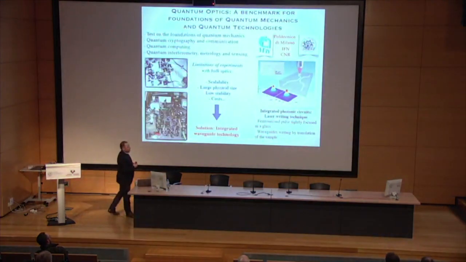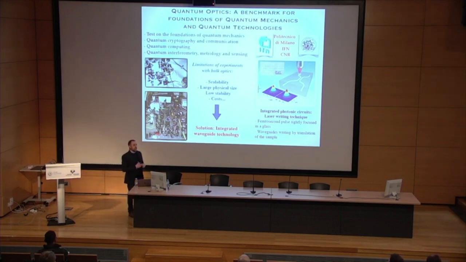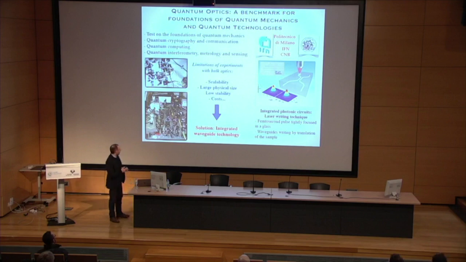So to briefly provide you the framework of our experimental contributions, we have been working in quantum information in the last 20 years, and in the last few years, we devoted attention to implement quantum information on a chip. This is because when you want to scale up your technology, you then face some problem of size, stability, cost, and so on.